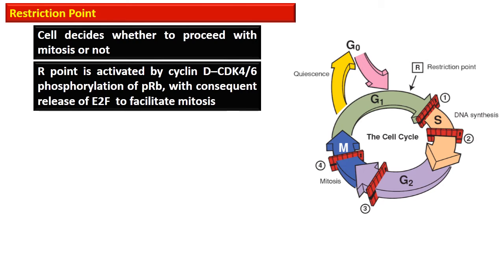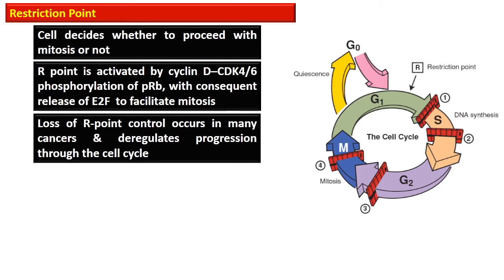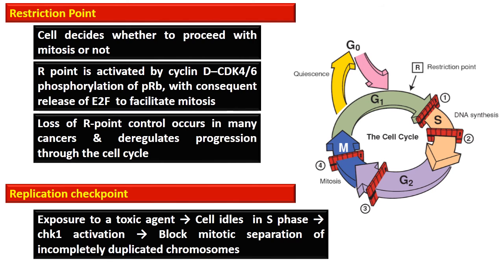Once this R point is achieved, external factors affecting mitosis have no role now on the proliferation, and this proliferation is only by intracellular mechanism. The loss of this restriction point control occurs in many cancers and dysregulates progression through the cell cycle.